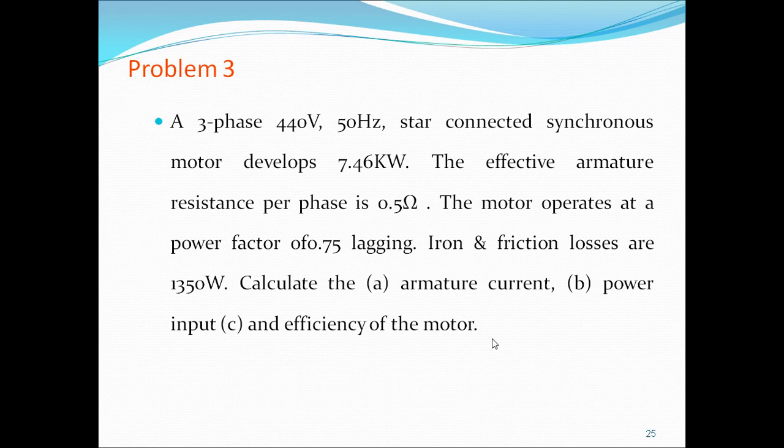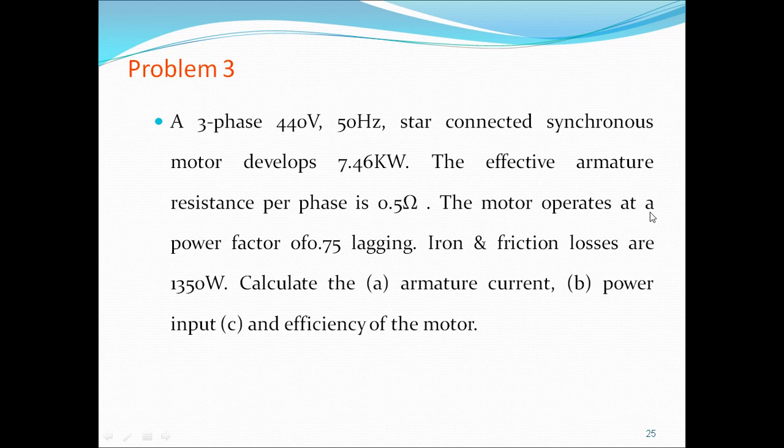So if you see another problem, that is the third problem given: a three-phase 440 volt 50 hertz star connected synchronous motor develops 7.46 kilowatts. The effective armature resistance per phase is 0.5 ohms.